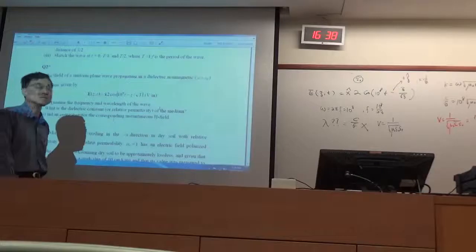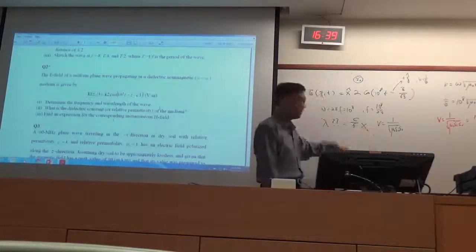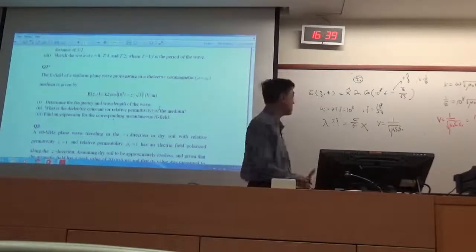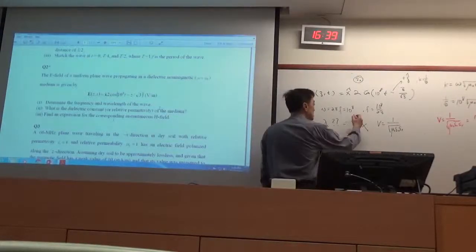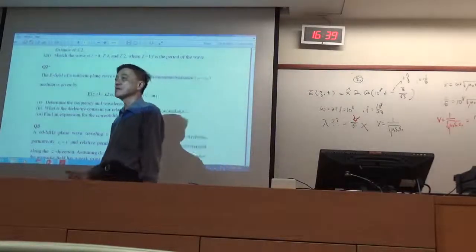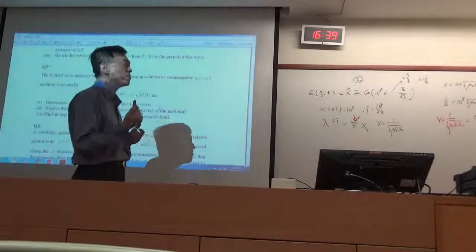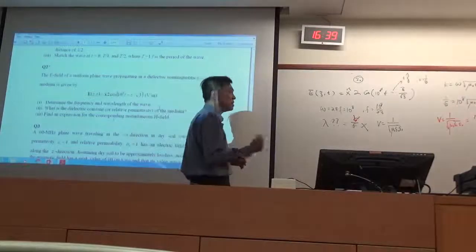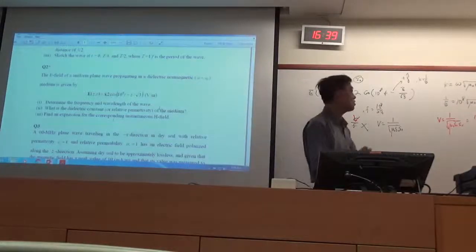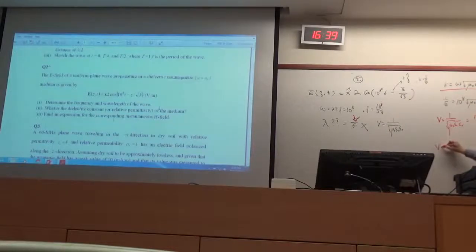Okay, so I can have the velocity. Once I have the velocity, lambda is equal to v over f. Alright? So again, remember, there are only very few equations for you to work on. This is one of them. v equal to f lambda is one of them.